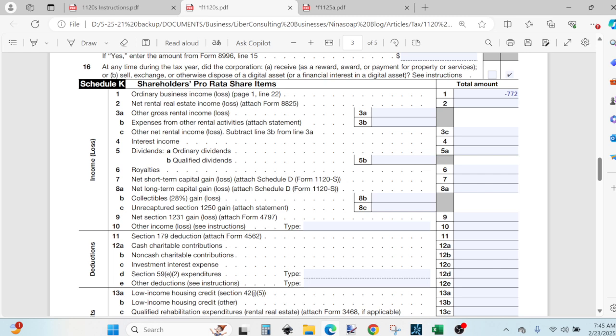And then you have deductions. So section 179, if the software completes section 179 to expense your assets in full in the year you purchase it, it'll go on line 11 of Schedule K. It's not going to go on page 1. It'll go on line 11 of Schedule K and will be distributed between the partners.